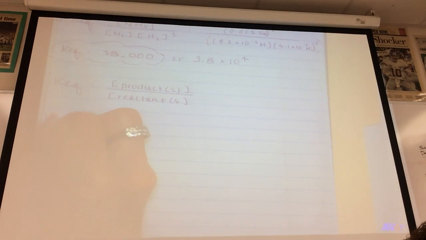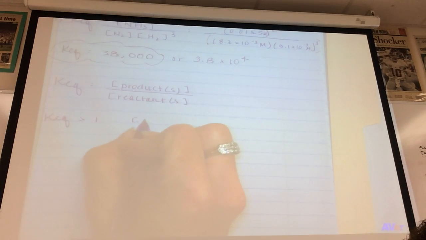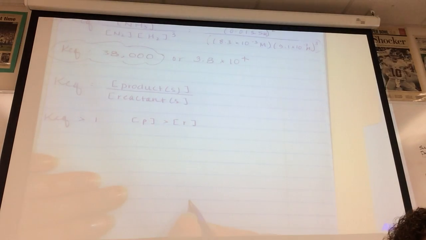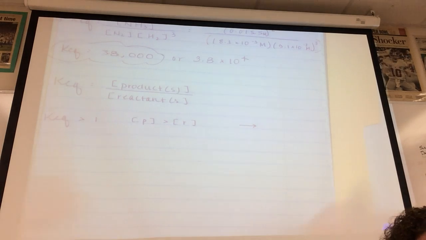This is in your notes, so you can just watch. When KEQ is greater than 1, that means the forward reaction must be favored because you made more product than you had reactant.